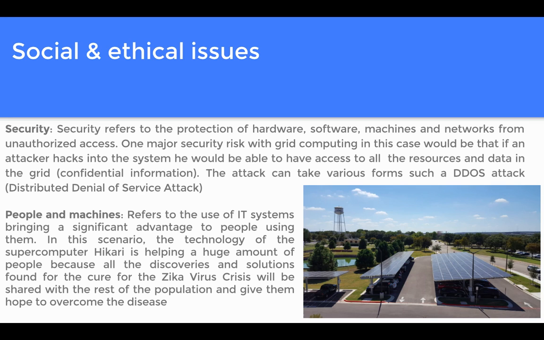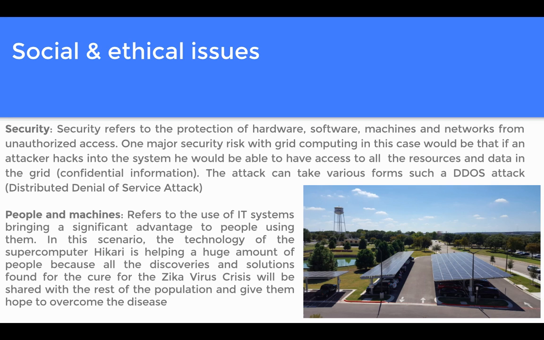So, one major security risk with grid computing in this case would be that if an attacker hacks into the system, he would be able to have access to all the data that is stored in the grid, which would be confidential information, and this would be very dangerous. The attack can take various forms, but the most common one is a DDoS attack, which stands for Distributed Denial of Service Attack. The other issue would be people and machines.